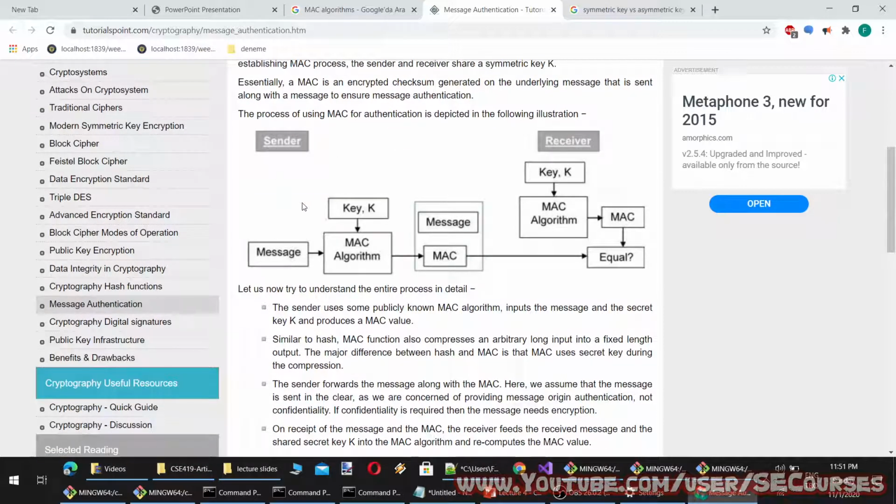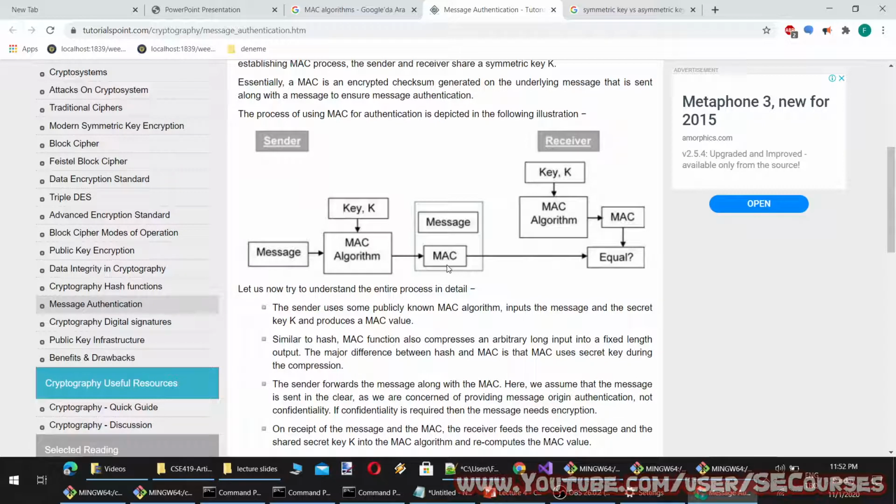So what does the sender do? The sender takes the message, uses key K and the MAC algorithm, and sends the message with its MAC code. The receiver takes the message and the MAC, puts the message and the key that the receiver has into the MAC algorithm, and computes the MAC.